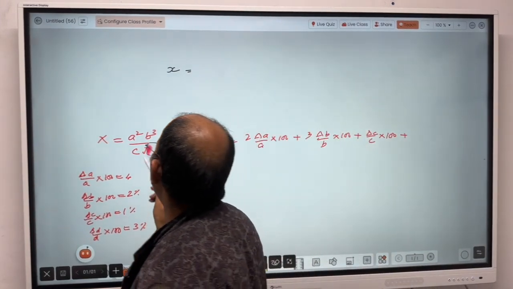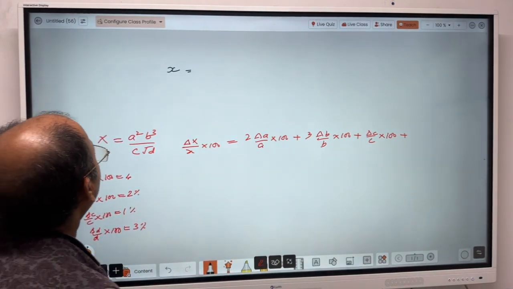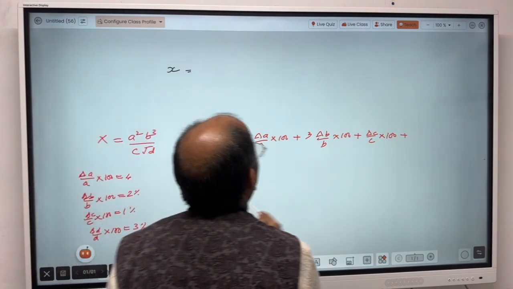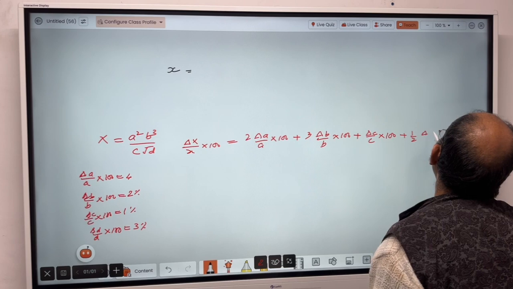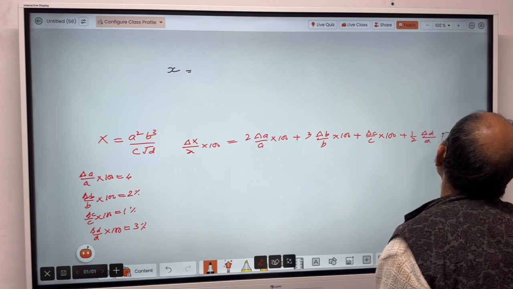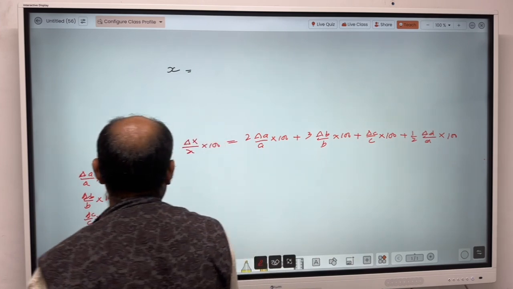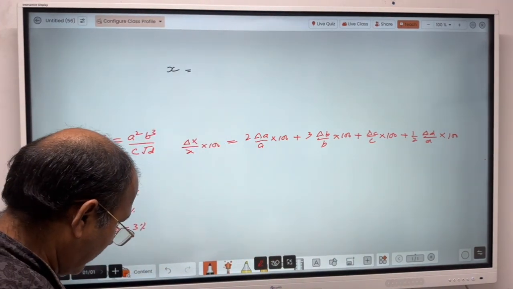Here power root means half power, but keep in mind, even if it is in denominator, that does not matter. While writing the errors, we take it positive power. So it will become 1 by 2 delta D upon D into 100. Now, these values are given: 4, 2, 1, 3%. We can put the values to get the answer. I'm not doing that.